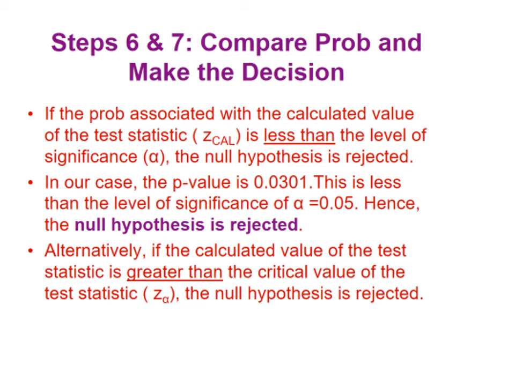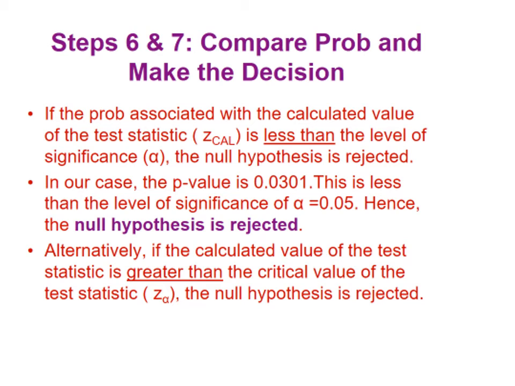Steps 6 and 7 are to compare the probability and make the decision. If the probability associated with the calculated value of the test statistic is less than the level of significance alpha, the null hypothesis is rejected. In this case, the p-value is 0.0301, which is less than the level of significance alpha of 0.05.